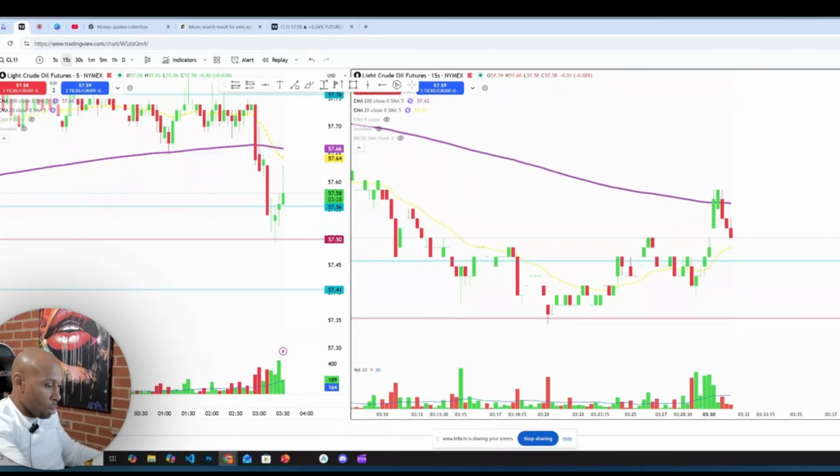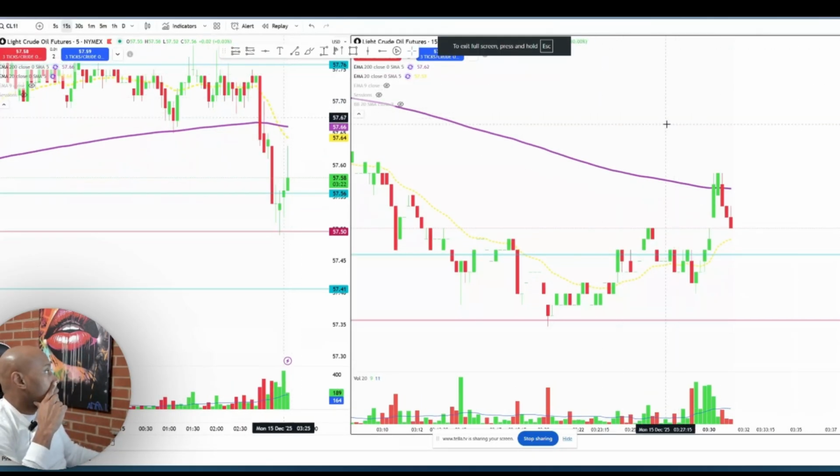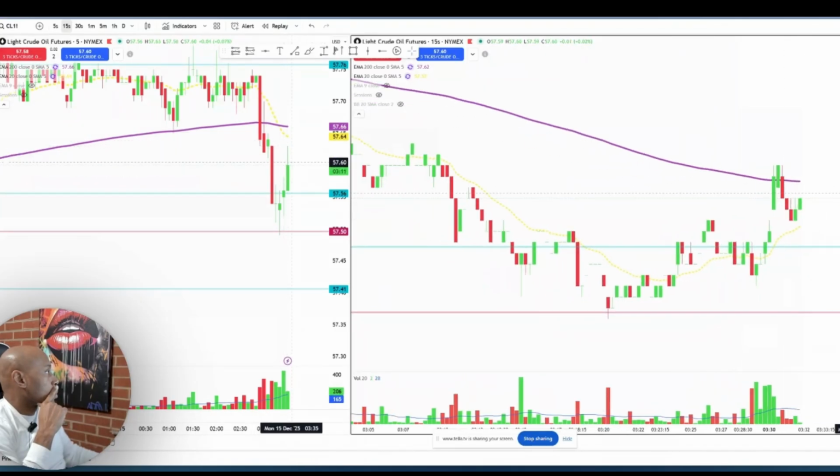I do want to do this though. Do some more surface area, right? So nothing is standing out to me at the moment as far as a clear entry.